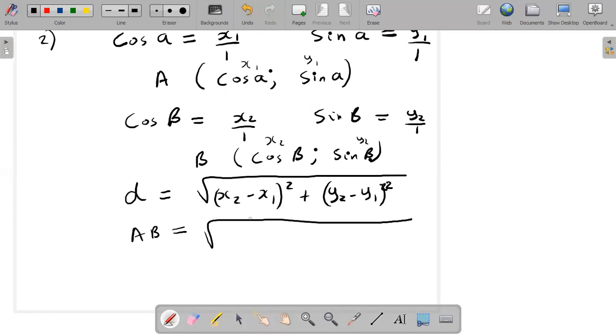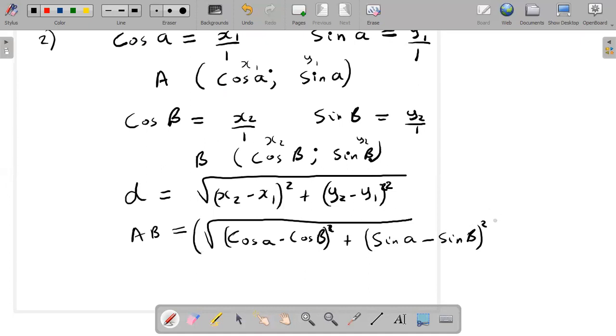So we can say directly, cos alpha minus cos beta bracket squared, right? Plus sine alpha minus sine beta bracket squared, right?